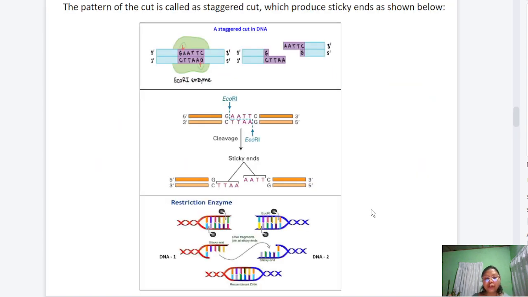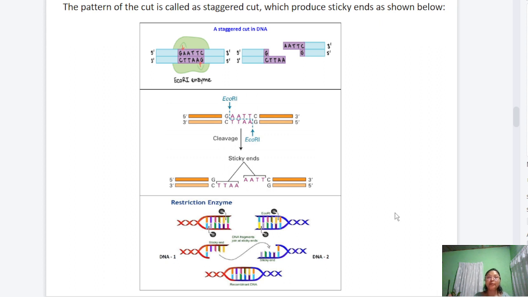So if you look at this last diagram, you can see that we have DNA 1 and DNA 2. If I'm cutting DNA 1 with EcoR1 and also cutting DNA 2 with EcoR1, then we will have complementary overhangs. These complementary overhangs can then be joined together and complete the DNA strand. There will not be any fragment or any cut.